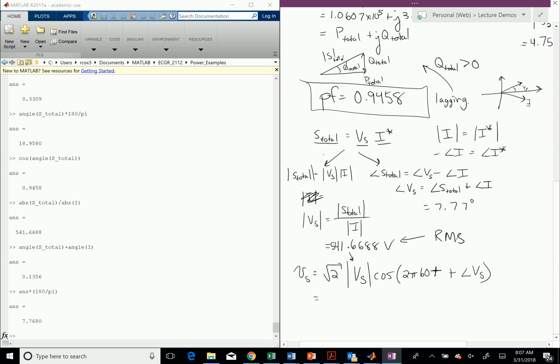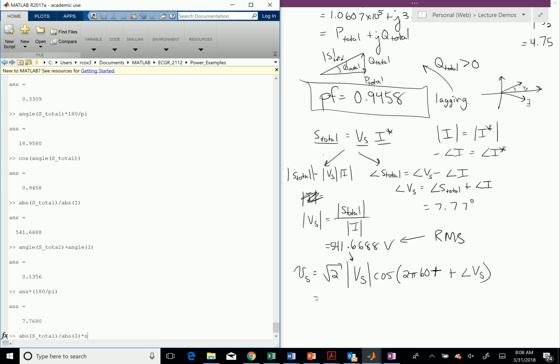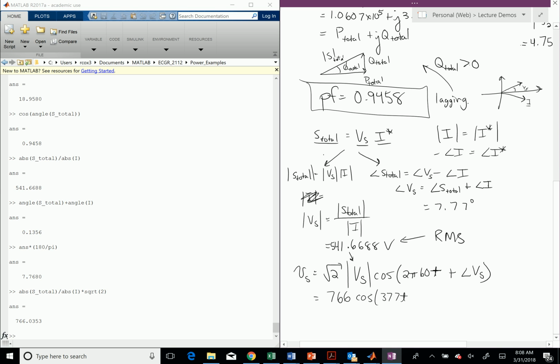So this guy works out to be, if I take my magnitude and multiply by the square root of 2, 766, so I get 766 cosine, so 2 pi 60 is 377t.